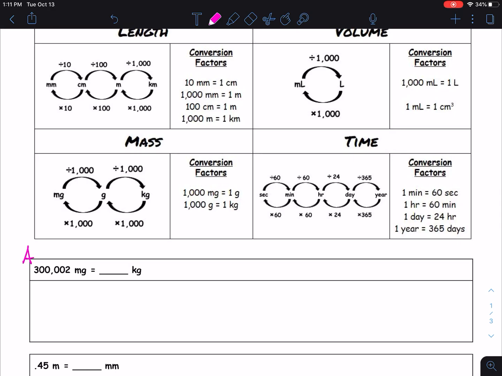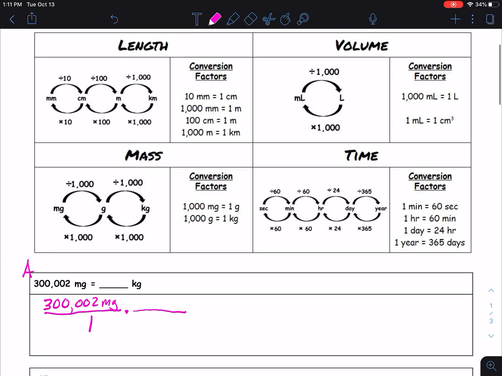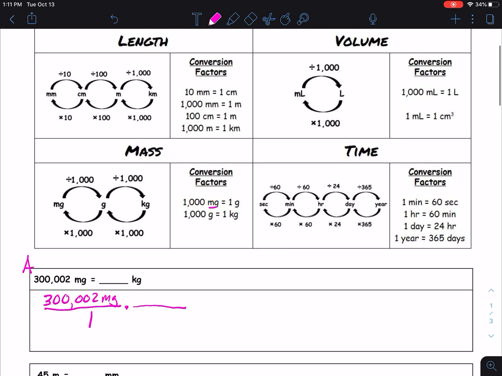So what we're going to start with is what we know. We know we have 300,002 milligrams, and we're going to put it over 1. Now, we want to go from milligrams to kilograms. And when we look up here at mass, we can go milligrams to grams and grams to kilograms, but we can't go straight from milligrams to kilograms.